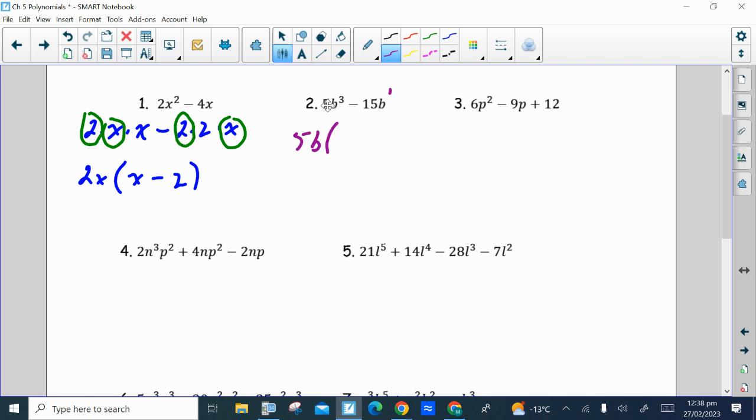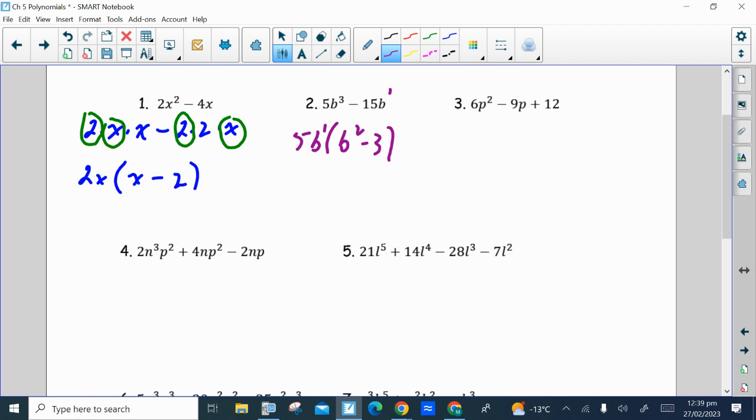When you divide the 5's, they cancel. But then b cubed divided by b to the 1, remember you subtract the exponents, keep the base the same. 3 minus 1 is 2, so that's going to be b squared. Then when you divide negative 15 by 5, you'll get negative 3. And when you divide the b's, they will cancel. So there's the factors.